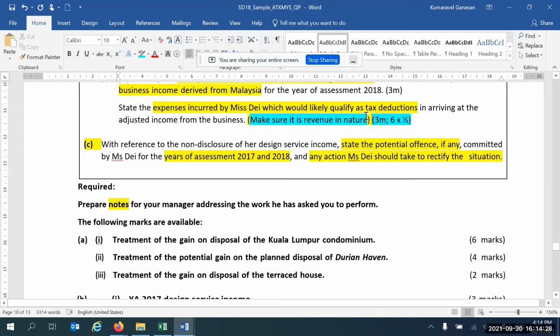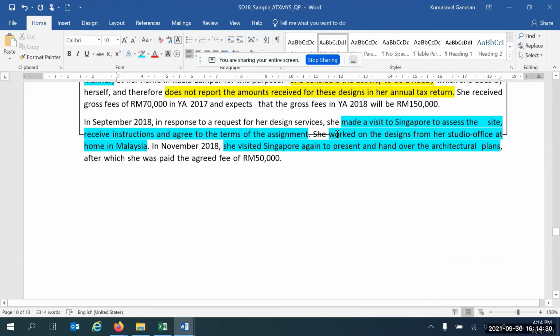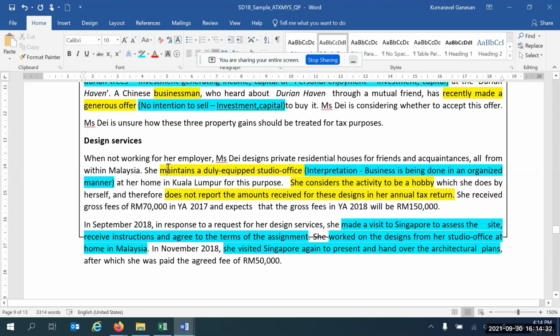Expenses that would qualify for tax deduction. So look at the office expenditure. Be careful, don't go and say buy asset, and don't go and write I replace the computer. That is capital. This is not rental income. Okay, I have to tell you all this because I've seen all this.